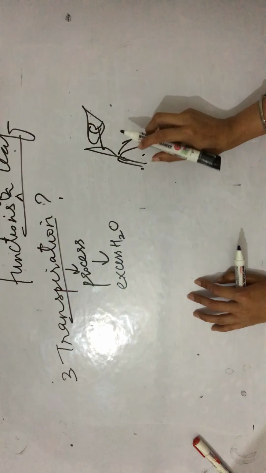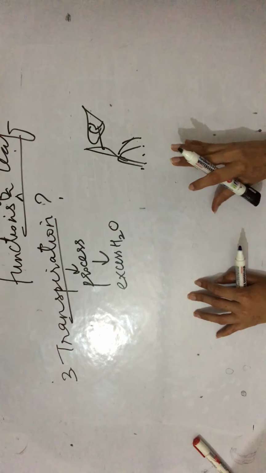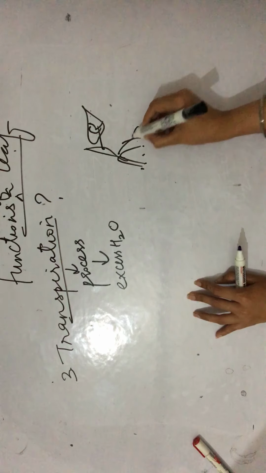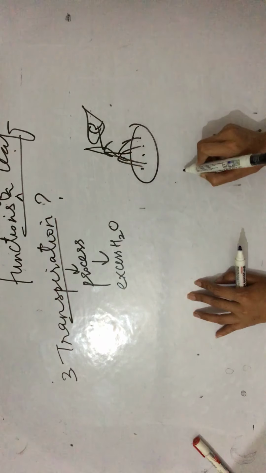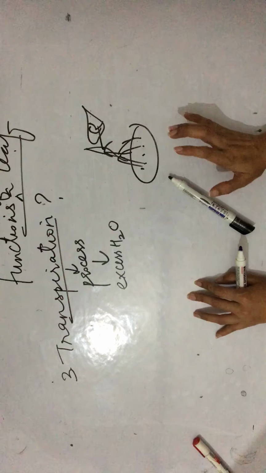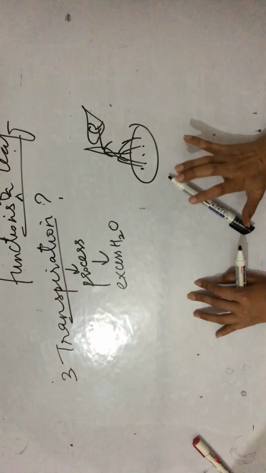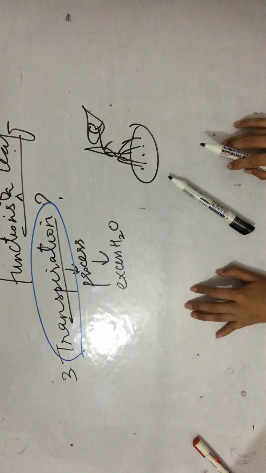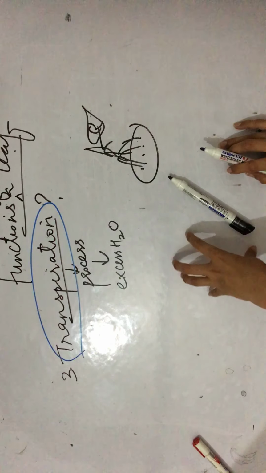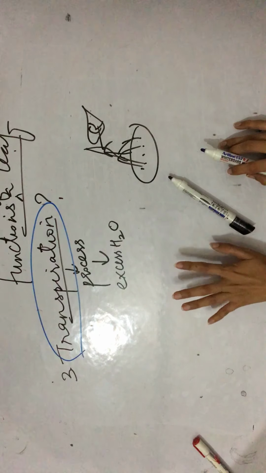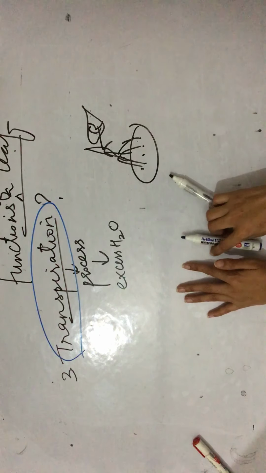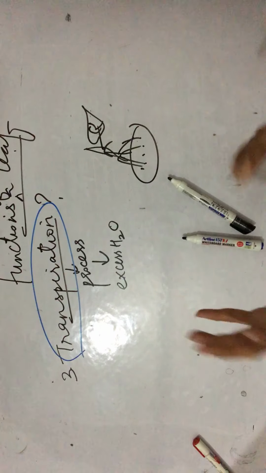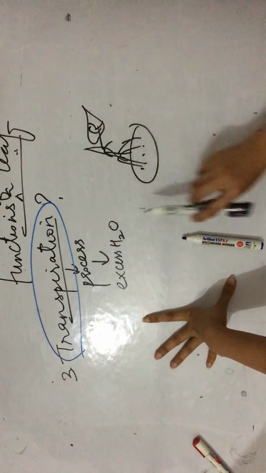The plant does not need all this water. It only needs some of the water. So where does the extra water which enters the plant go? It leaves the plant. Through which process? Through transpiration. What happens in transpiration? This extra water, from where does it exit the plant? It is again through the leaf.